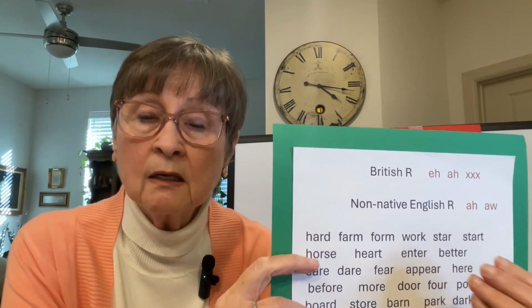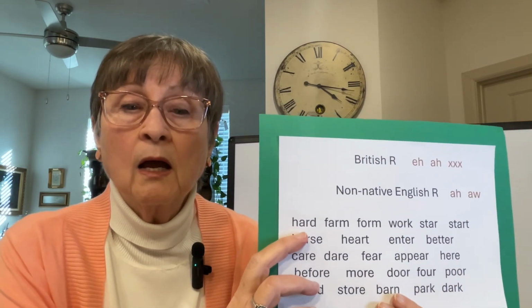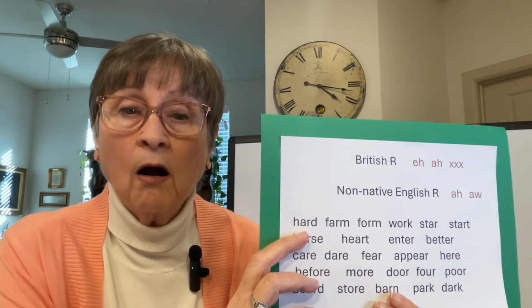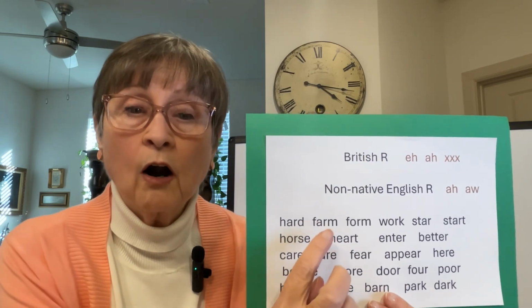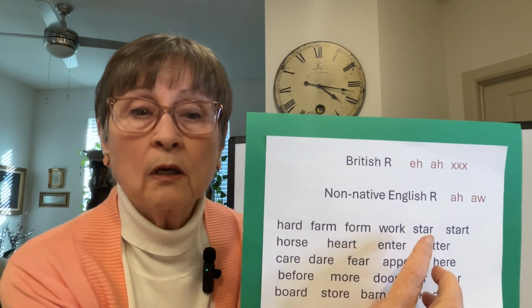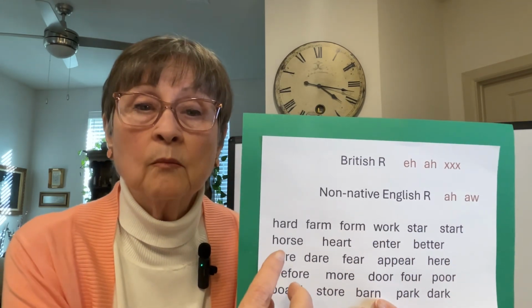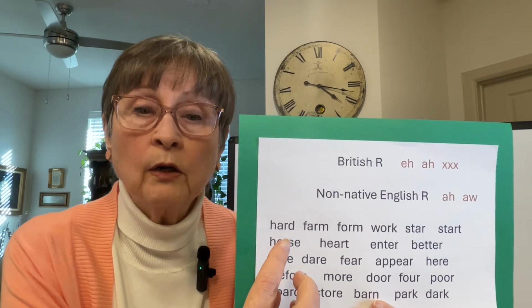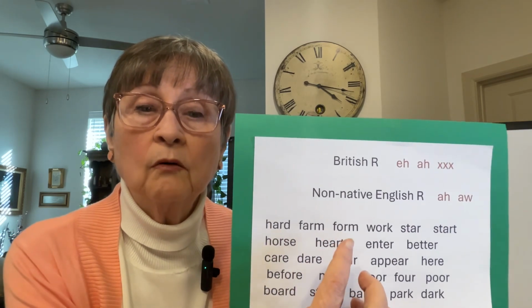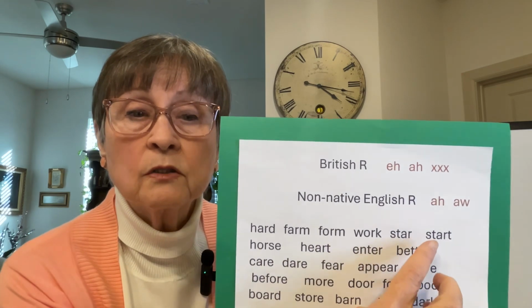It is when we get to the end or further into the word that it changes. Like in American English, this would be hard, farm, form, work, star, start. But in British English, it might be hod, farm, form, work, star, start.